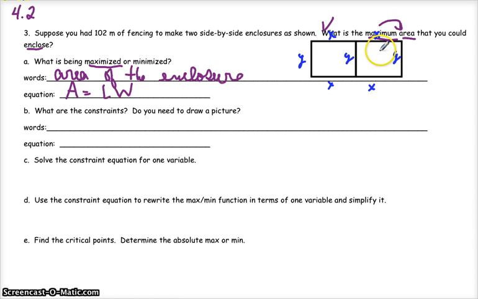Okay. So what are my constraints? Suppose you had 102 meters of fencing to make these 2 side-by-side enclosures. Our constraint is that there are only 102 meters of fencing. So how could we write an equation using 102 meters of fencing?